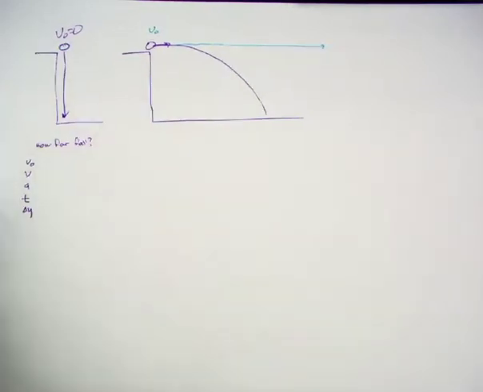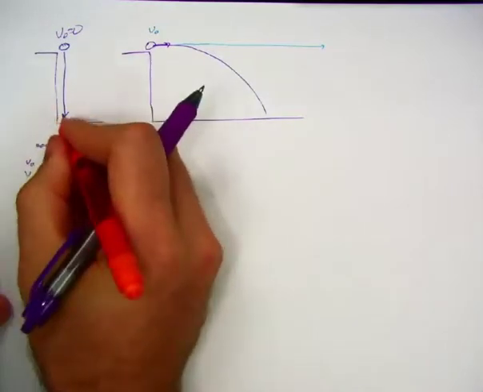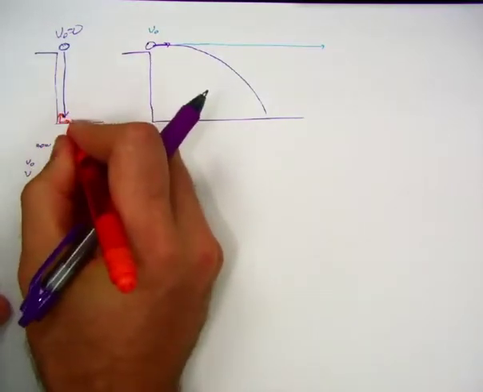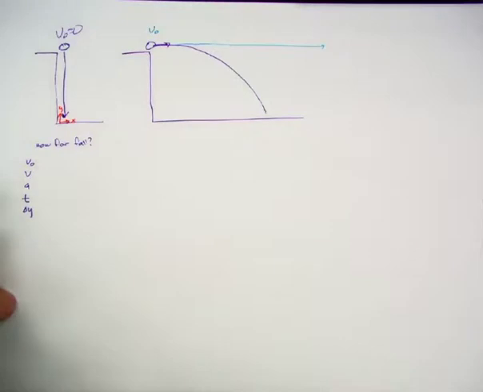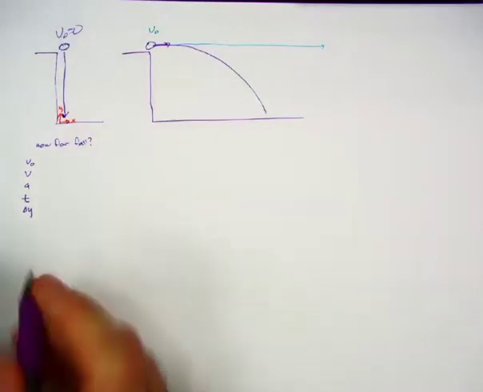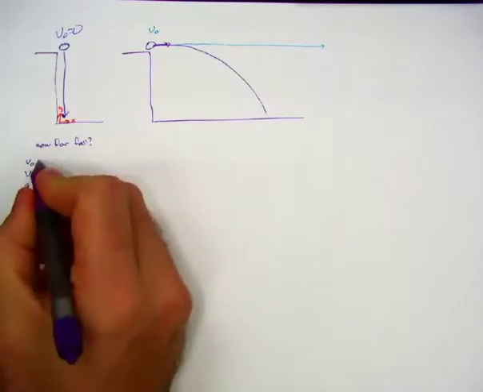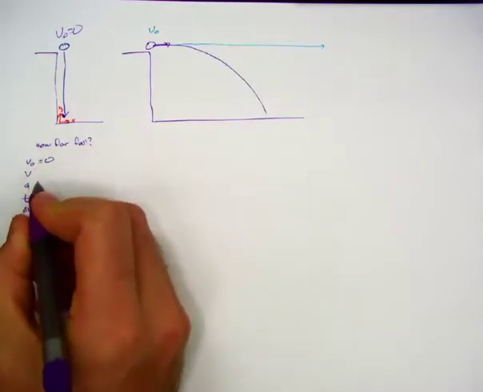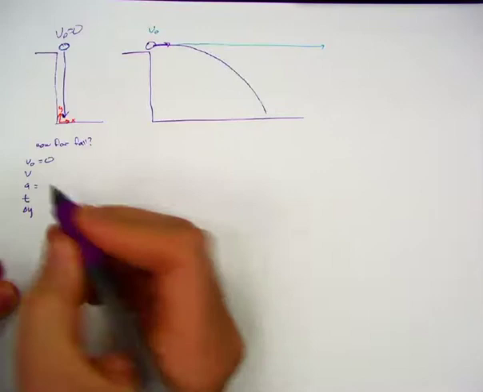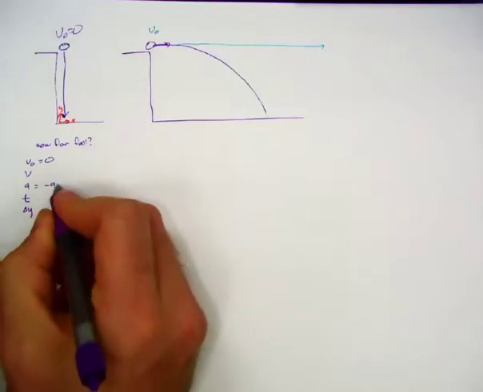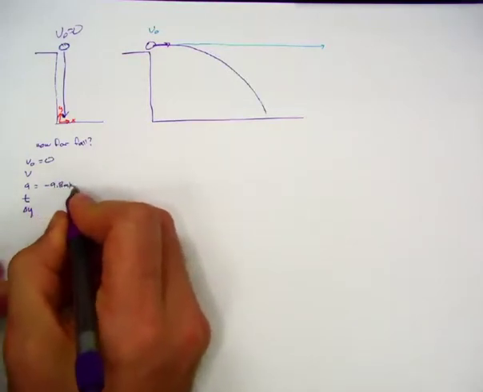Let's put our coordinate system somewhere. So my coordinate system maybe is going to be down here at the bottom, x and y. I'm looking for delta y. I know that my initial velocity is 0. I know that my acceleration is negative, because it's down, 9.8 meters per second squared.